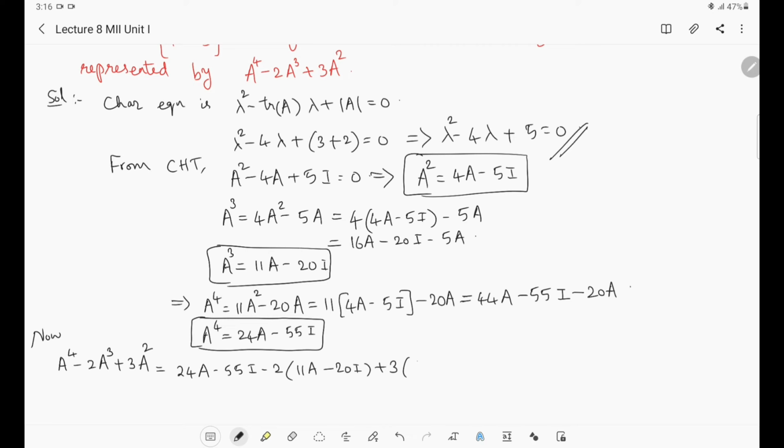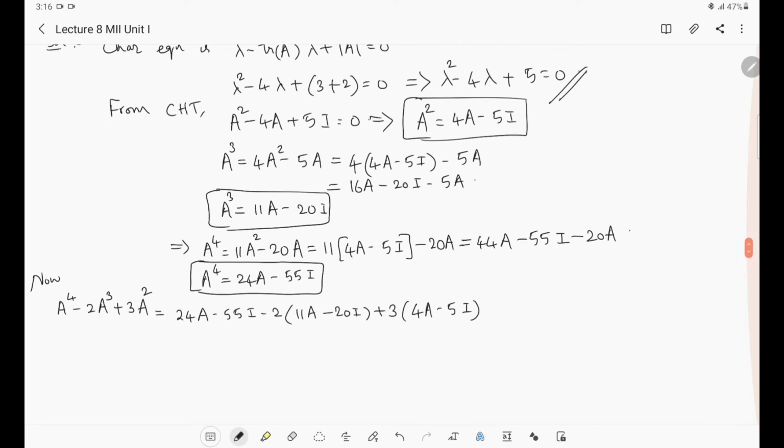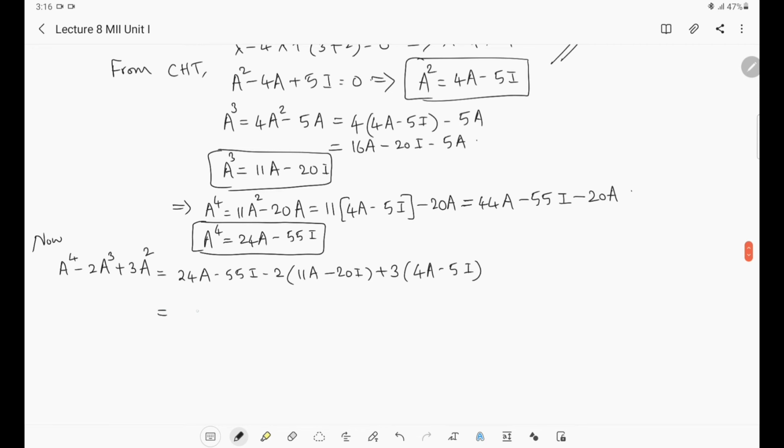What is A squared? A squared is 4A minus 5I, right. Now you observe that everything we got is in terms of A and I. So 24A minus 55I, further simplification will give us minus 22A plus 40I plus 12A minus 15I, right.